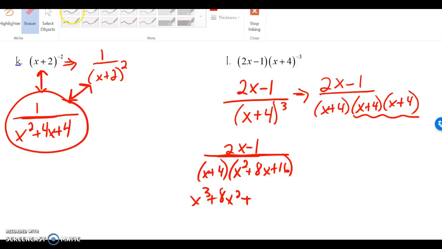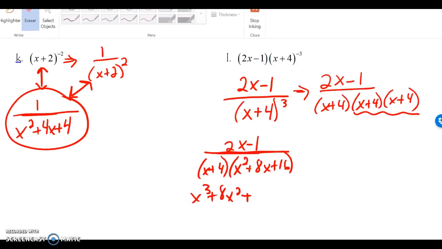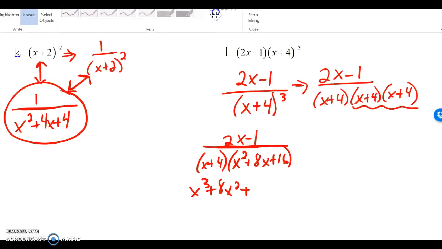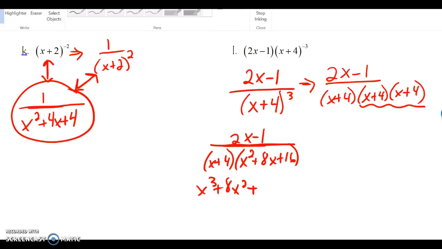Hold on. Right, so let's go back. This was x cubed plus 8x squared plus 16x, then plus 4x squared plus 32x plus 64.